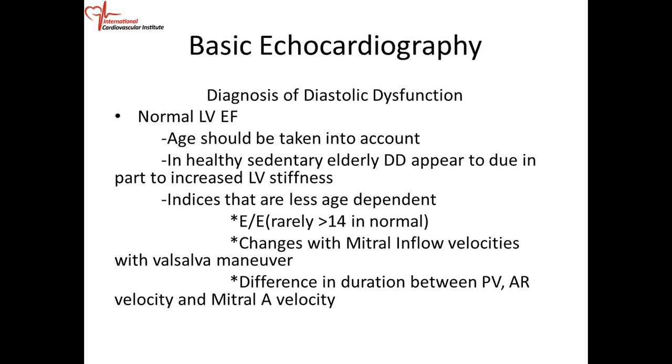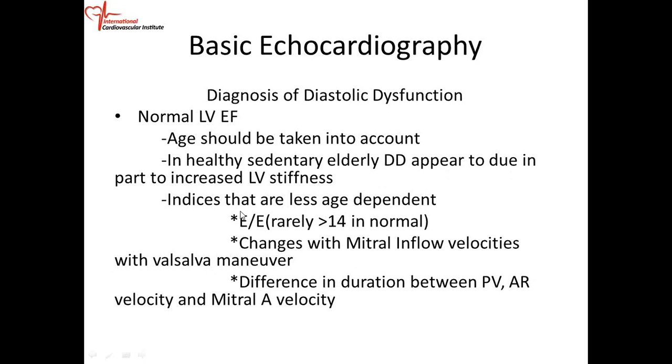So that is why the A velocity becomes more prominent. The A velocity increases because the LV gets stiffer, so the atrium has to now work a little bit harder to pump blood into the LV, so that the E velocity gets smaller and the A velocity gets larger. So in the sedentary elderly, diastolic dysfunction appears to be in part due to increased LV stiffness.